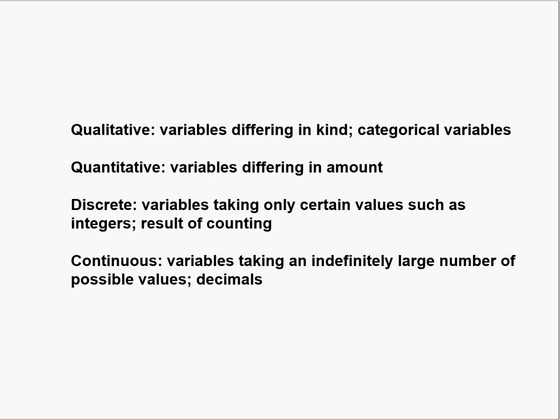Instead of saying the width of a table is 3 feet, you can say 3 feet 5 inches, or 3 feet 5.9 inches.